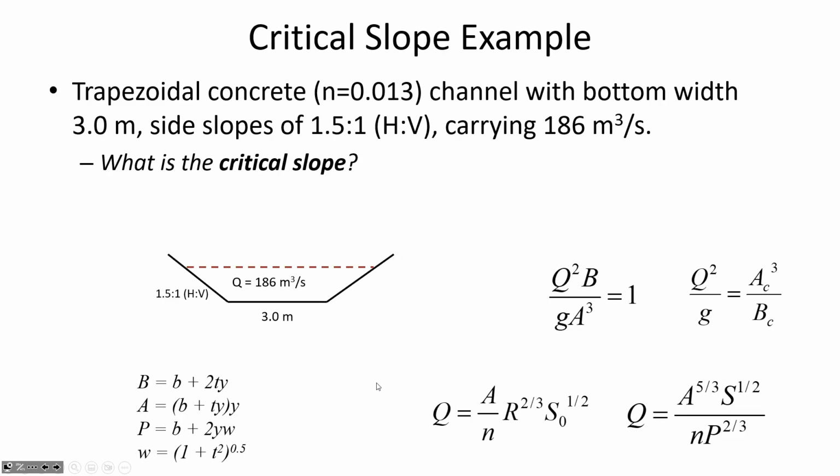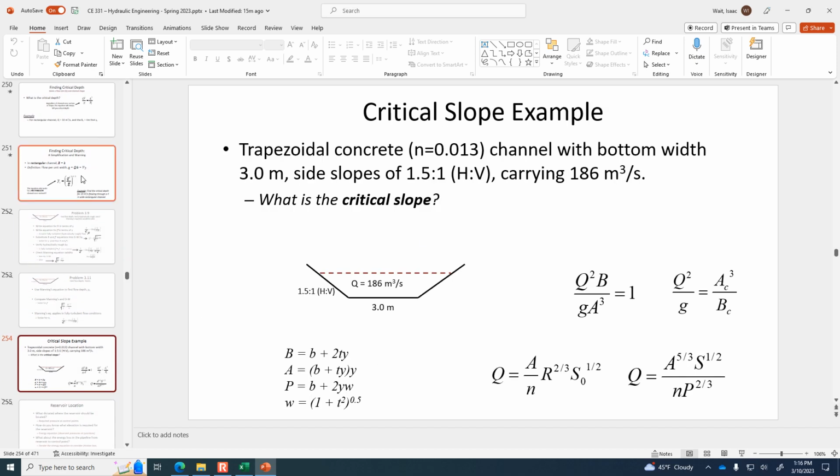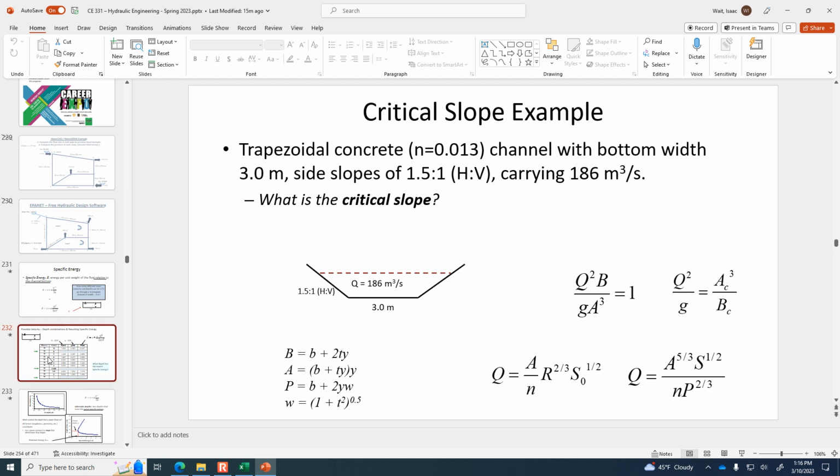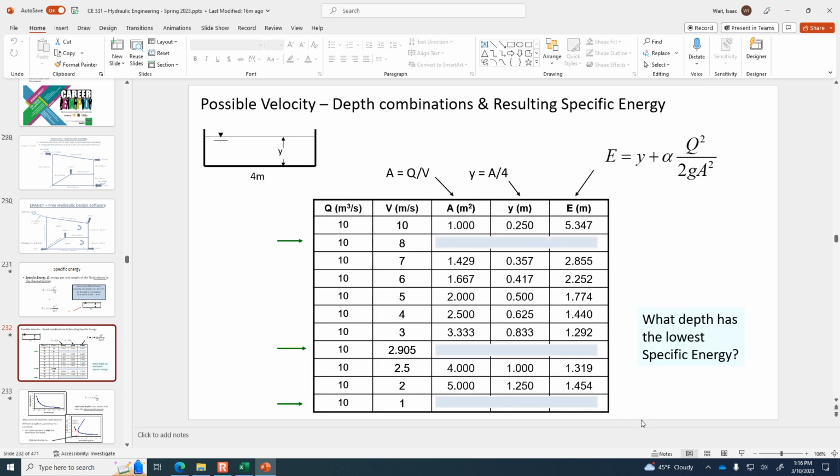Okay. Now, critical slope is what slope is required to cause critical conditions. Because remember, when we looked at our first specific energy diagram, let me go back to a slide from Monday to refresh your memory. We had this table, and there were lots of different velocities, lots of different depths.